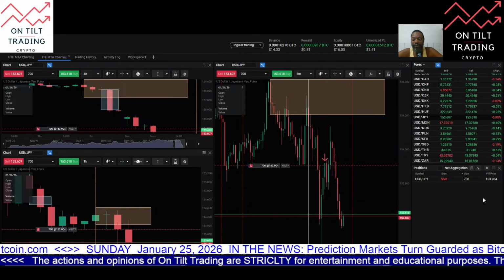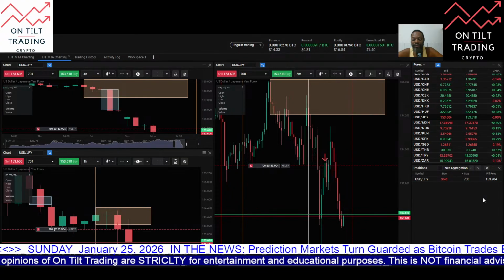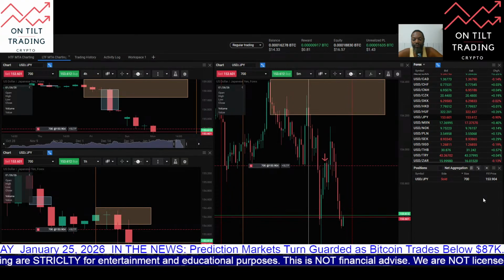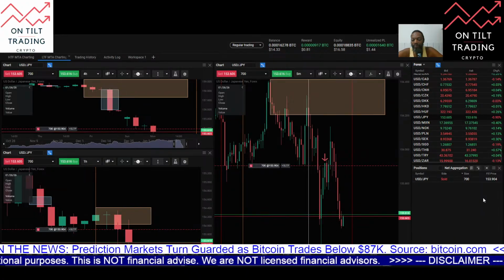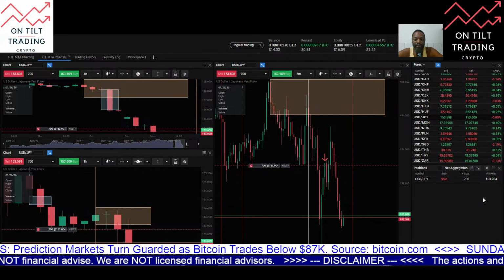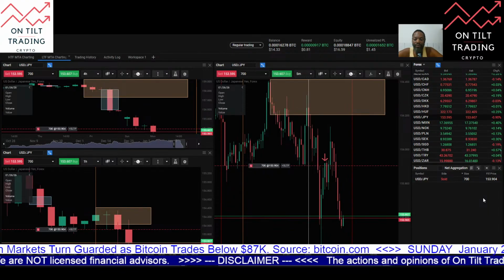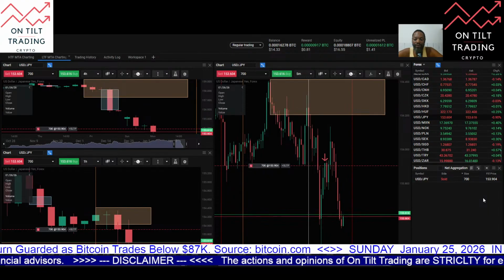And price is delivering to the buy side, 153,600. So price may be headed towards the liquidity in these bearish fair value gaps here on the 5-minute chart.